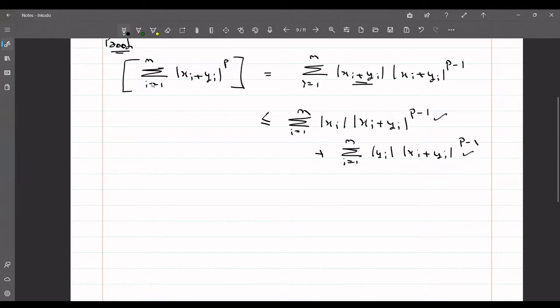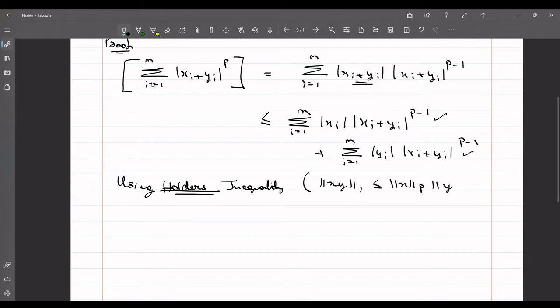So using Holder's inequality, the qth norm of y, it was not the pth norm of y. Holder's inequality was the 1-norm of xy is less than or equal to the pth norm of x times the qth norm of y, right? Got it?